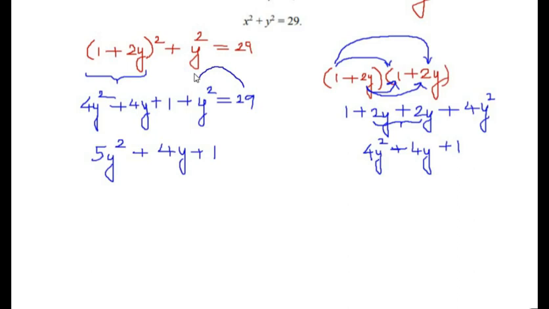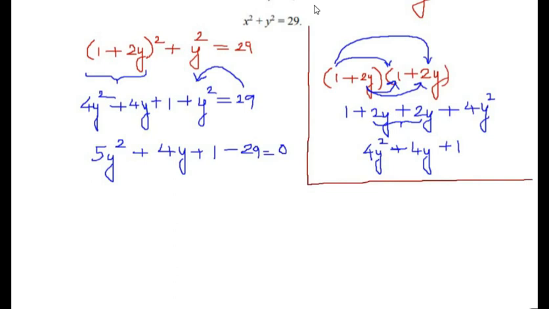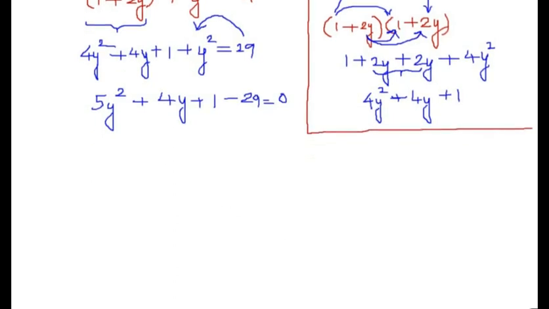Let me take the 29 on this side, it becomes minus 29 equals 0. Let me just separate this term out. Now further simplifying this, we get 5y squared plus 4y, and plus 1 and minus 29 gives you minus 28 equals 0.